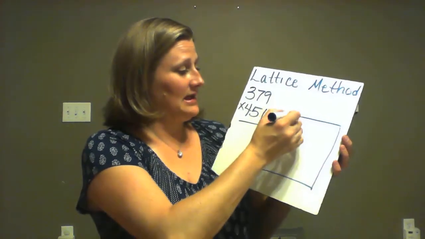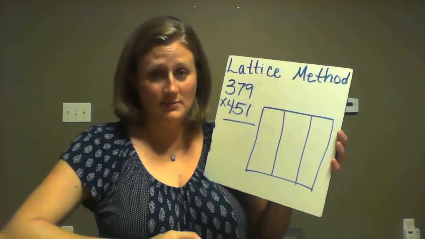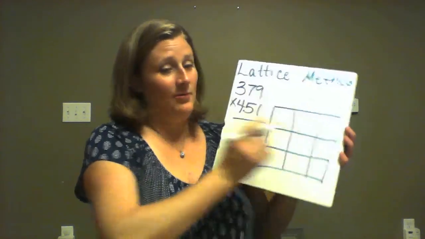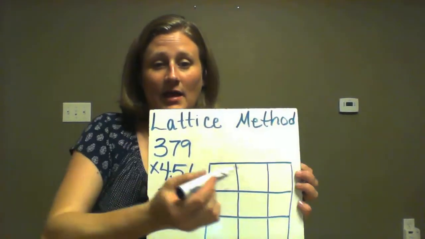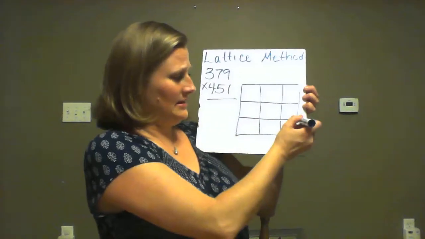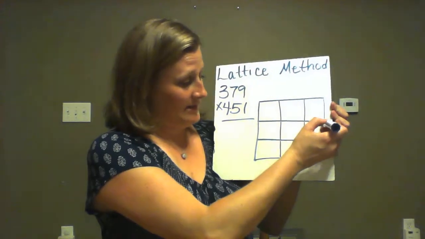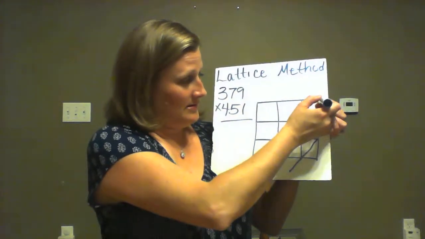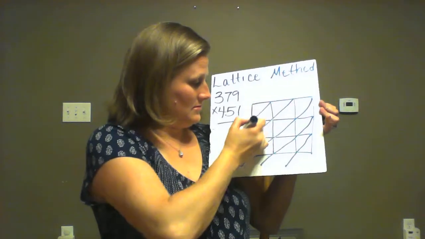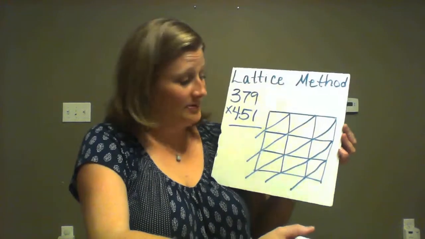And instead this time I have 3 numbers, so I'm going to get 3 columns and 3 rows. So I have a 3 by 3. Again, I'm going to draw my diagonal lines so that I know exactly what I have to add. On a 3 by 3, you have to draw several more diagonal lines.